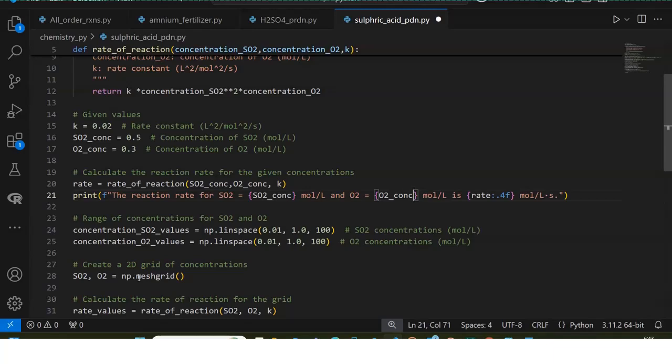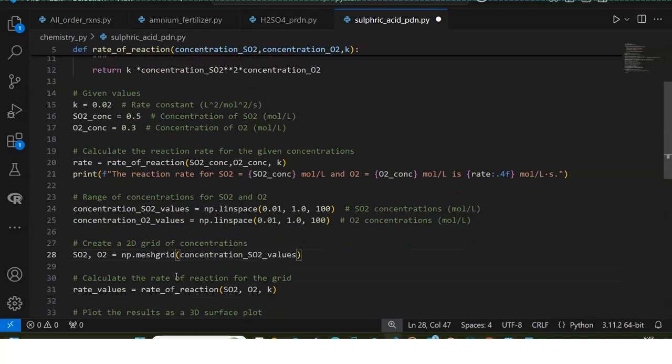So meshgrid of the concentration of sulfur dioxide values, which we have already initialized here. Then we have the same for oxygen. The meshgrid is the one that is going to create a mesh that is going to be in a 3-dimensional plot.